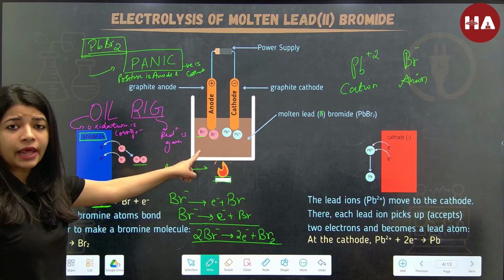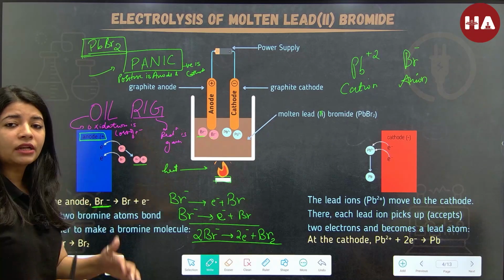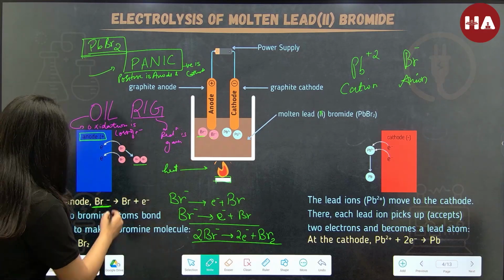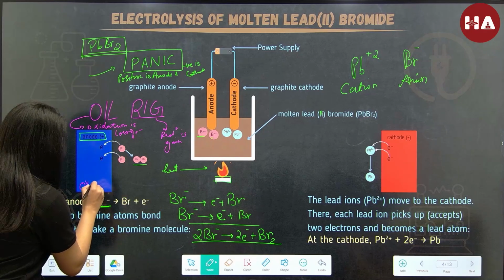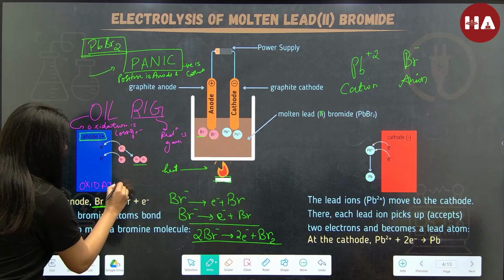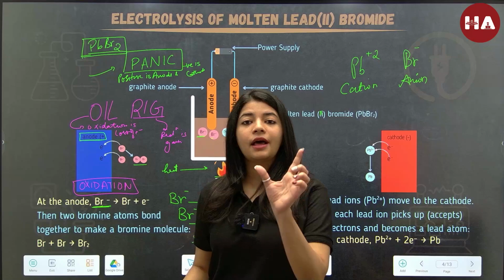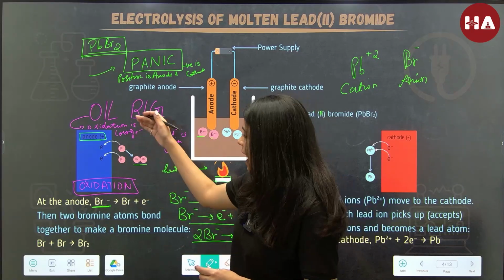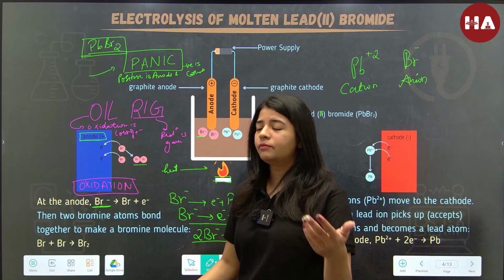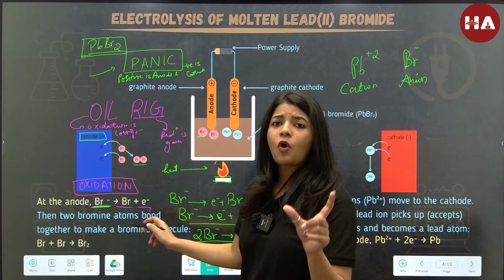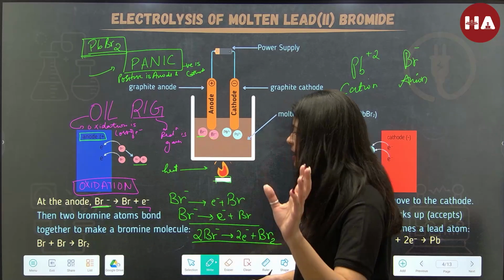Here loss of electron is taking place because Br minus is losing its electron to anode, okay. So I can say oxidation is taking place at anode. So this is very important. This is how we write the half equation, okay. So anode half equation will be Br minus gives Br plus electron. This is oxidation when it is losing electron.